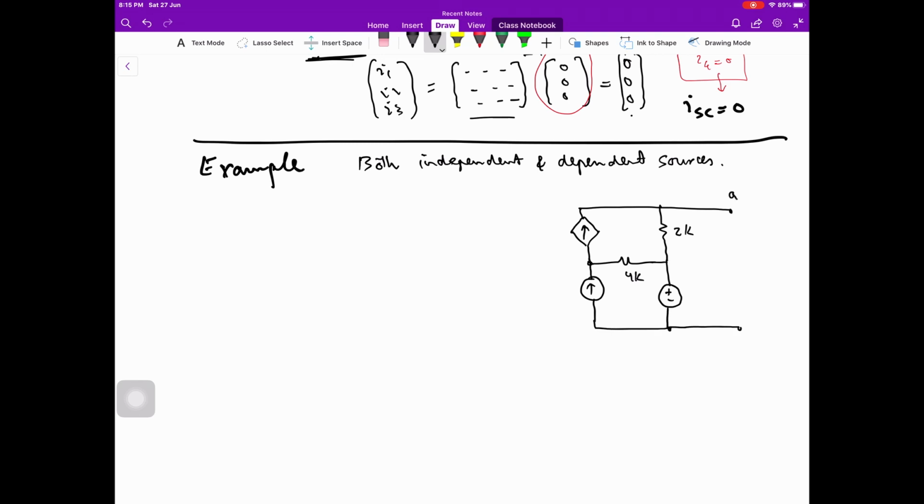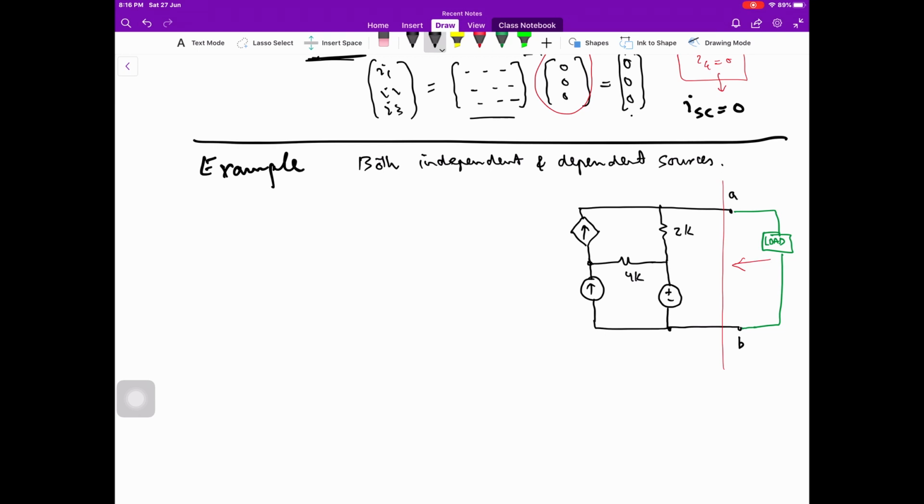So again, we want to find the Thevenin equivalent, which we see from this side. And as usual, on this side we have a load, which we don't know at this stage. This is the load. Now showing you the values.